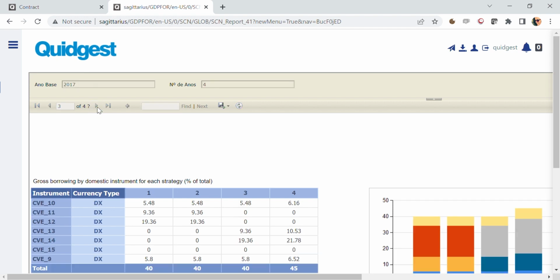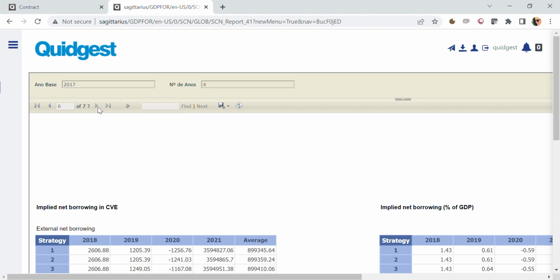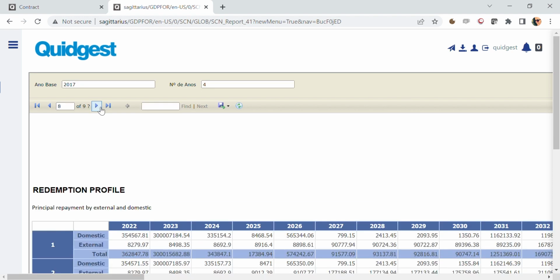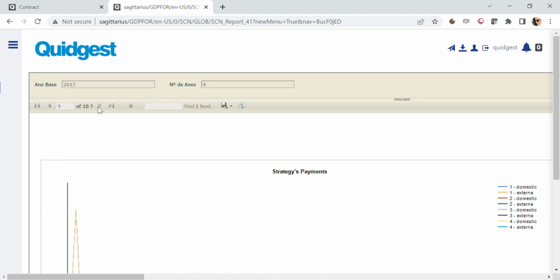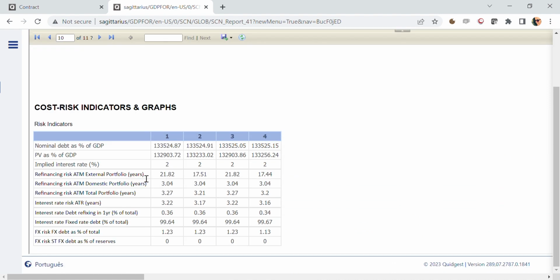The information about borrowing, compositions, pricing assumptions, redemptions profile, and some basic indicators.